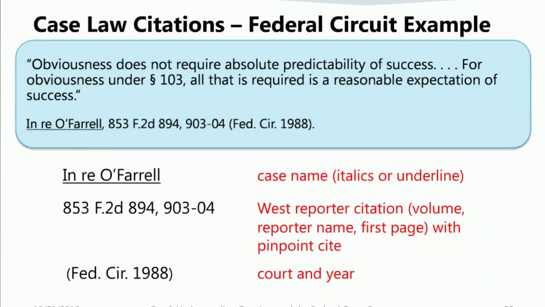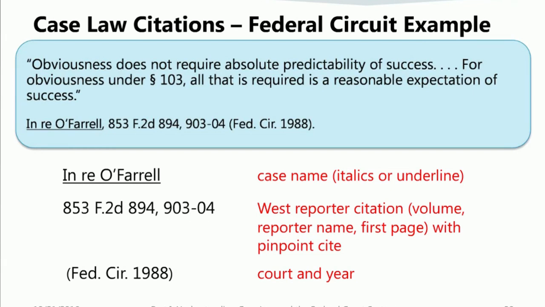This is an example of a citation of a quote from a Federal Circuit decision. Again, it begins with the name of the case, which is usually either underlined or italicized. Next comes the West Reporter citation, including the volume number, the abbreviated name of the reporter, the first page of the decision, and the specific page where the quote is located.